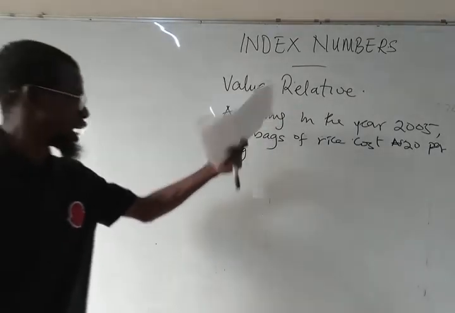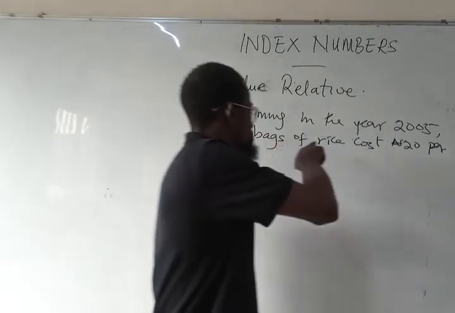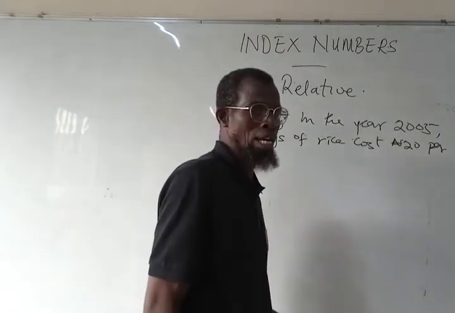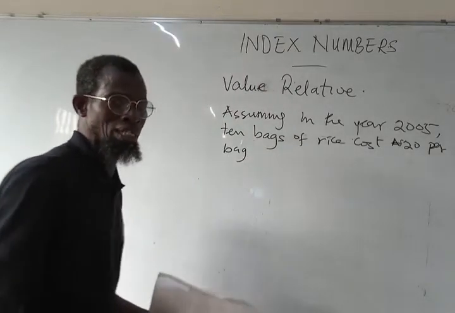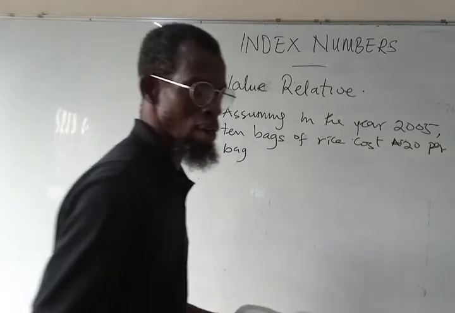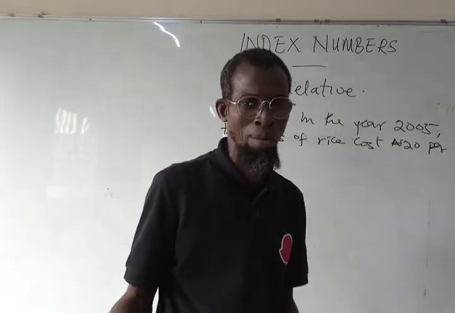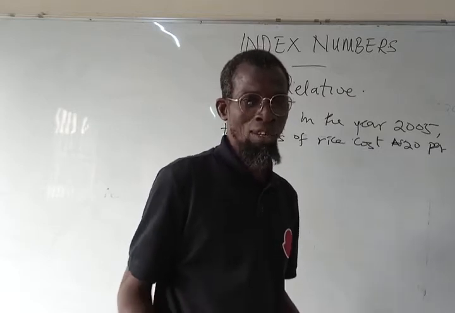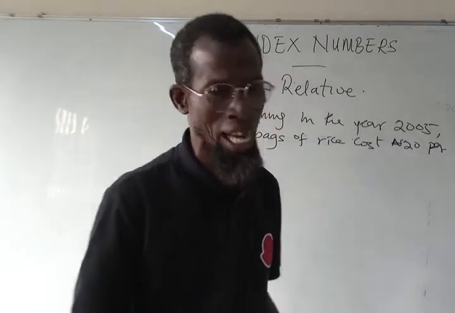Well, anyway, assuming in the year 2005, almost 16 years back, yes, it's possible. I could remember the amount I paid for my own JAMB form and that of GCE compared to the amount they are selling it now.